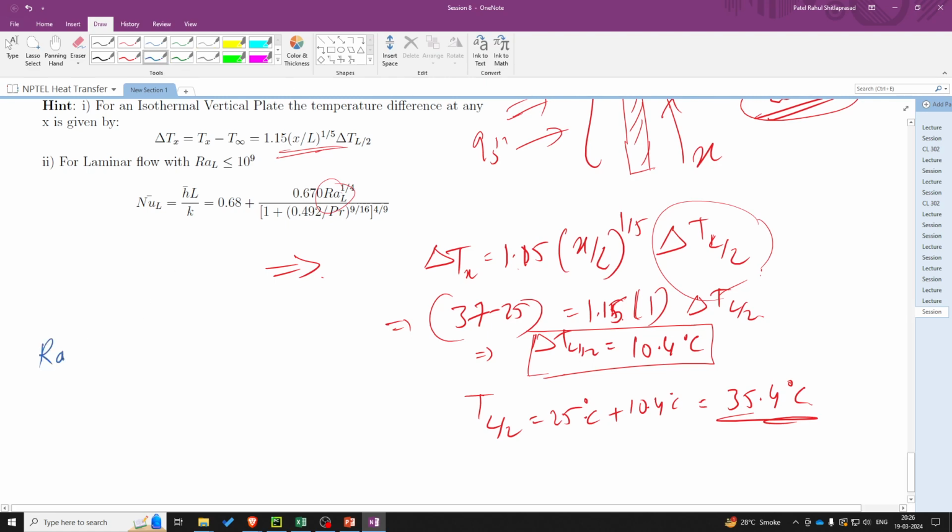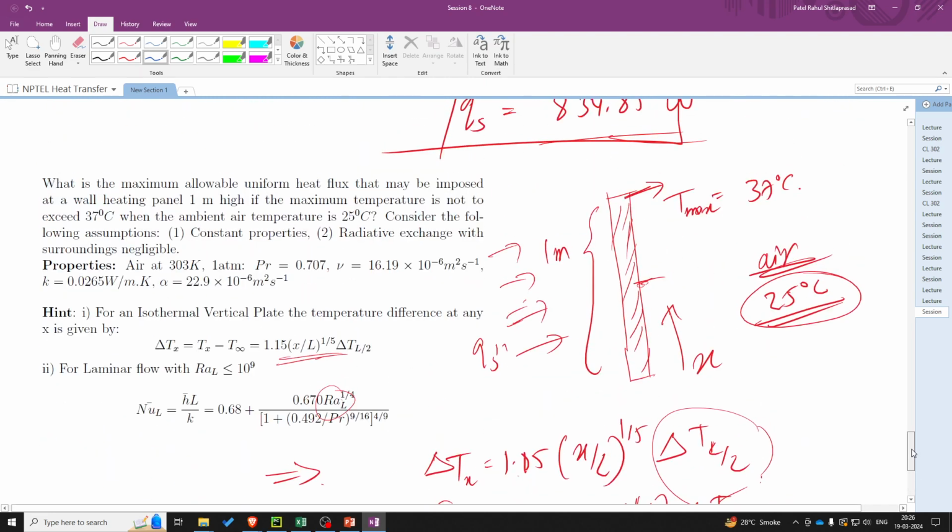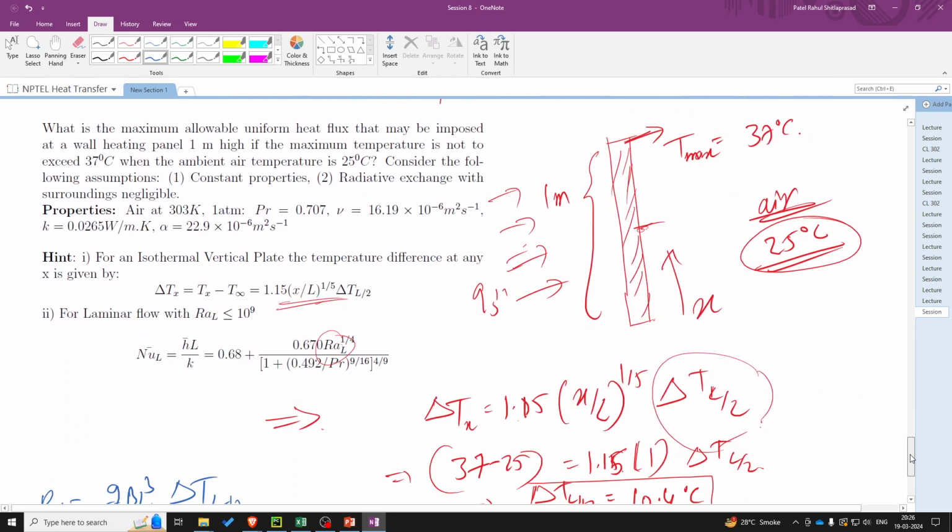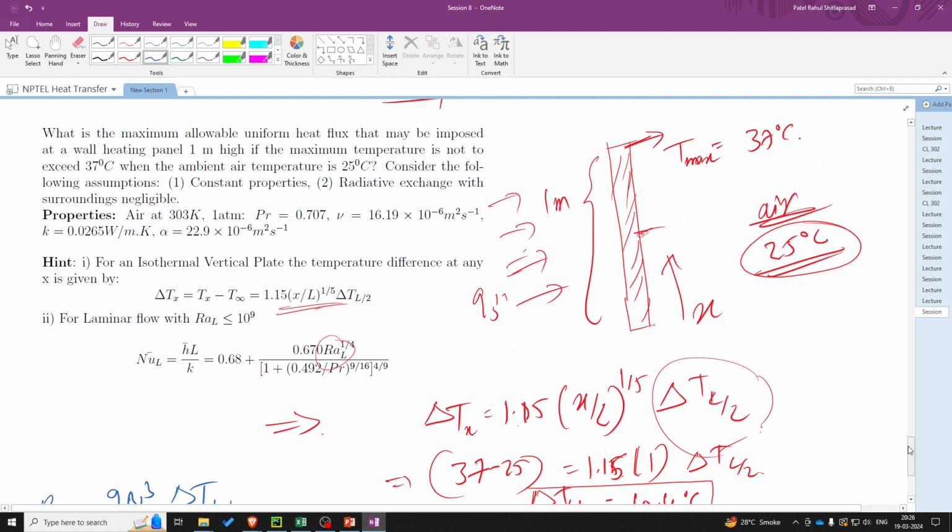So yes, the formula for Rayleigh number was g beta L cubed delta T upon mu alpha. But since this delta T is varying with respect to x, you can just write delta T at L by 2. Then you can replace the values as 9.81 into the value of beta.